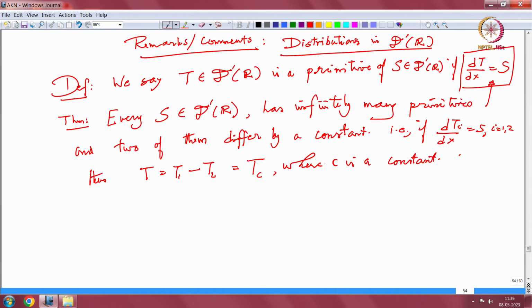In particular, anyway this is an exercise, you would have done it by now. If dT by dx equal to 0, then T equal to Tc, a constant. The same thing as f prime of x equal to 0 in an open set, then f is a constant, here also in distributions. So you are basically solving that equation.